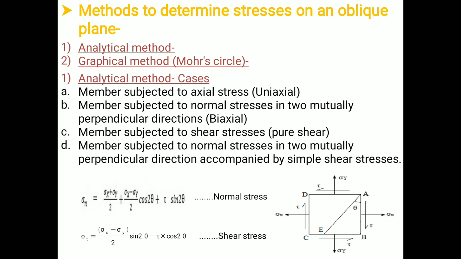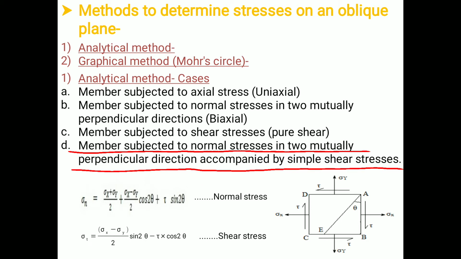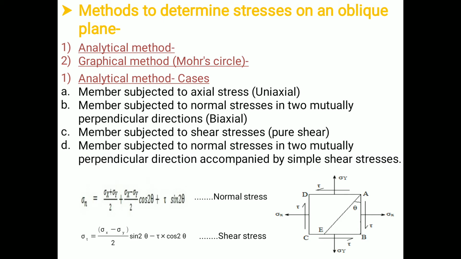In case number 4, a member is subjected to normal stresses in two mutually perpendicular directions, and it is accompanied by simple shear stresses. So this is sigma x, this is sigma x.